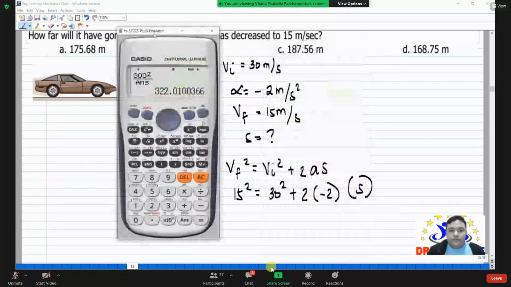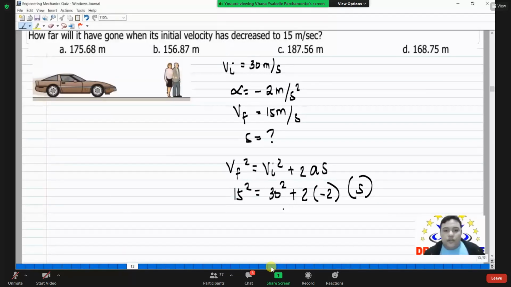So that is 15 squared minus 30 squared divided by negative 4. So this is equal to 168.75 meters. So marami pa yung kanyang nilakbay.